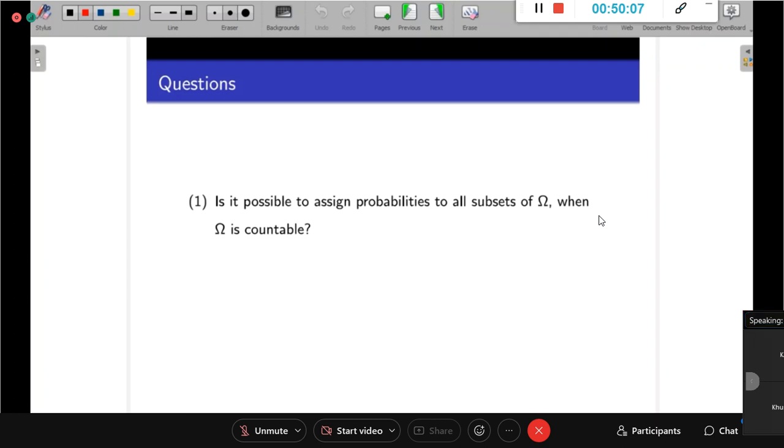So you can definitely assign the probabilities to each event. Now the question is, is it possible to assign probabilities when omega is countable?